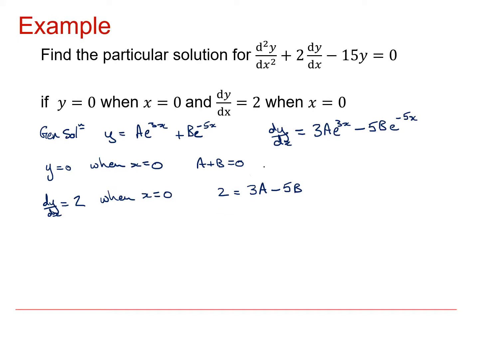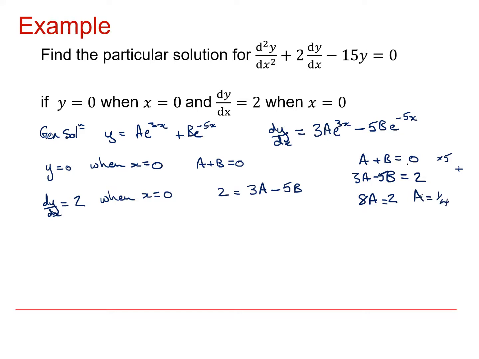So I've got two simultaneous equations in a and b. a plus b equals 0. 3a minus 5b equals 2. So if I multiply that by 5 and add them together, I'm going to get that 8a is equal to 2, which means that a is equal to a quarter.